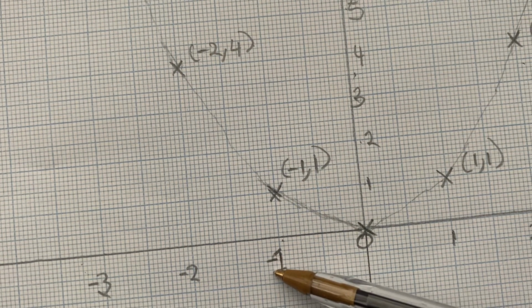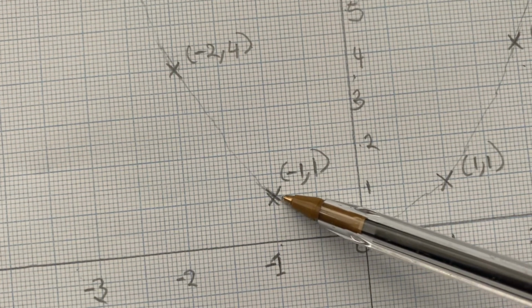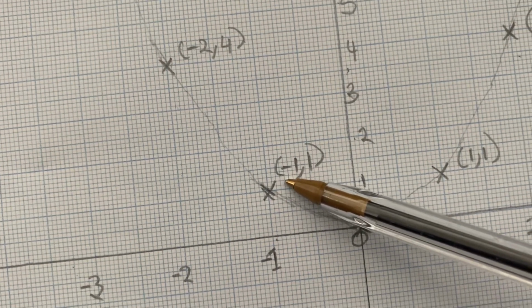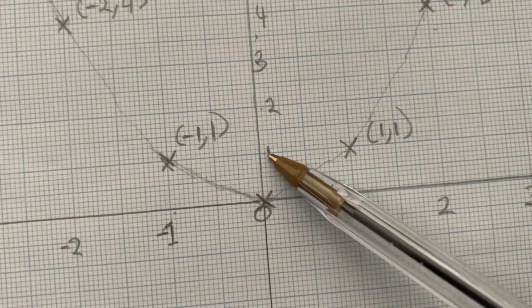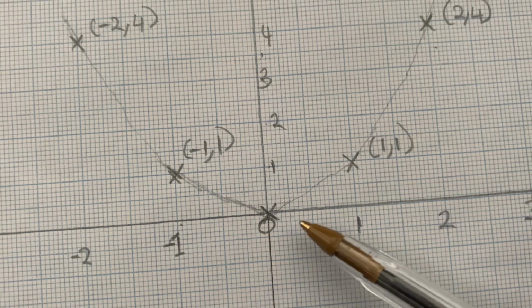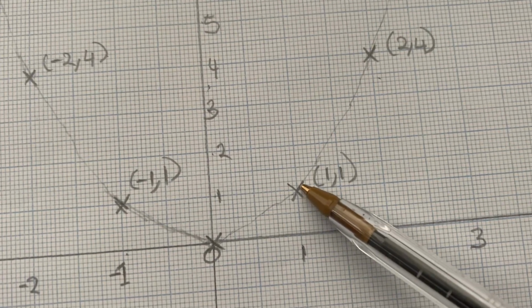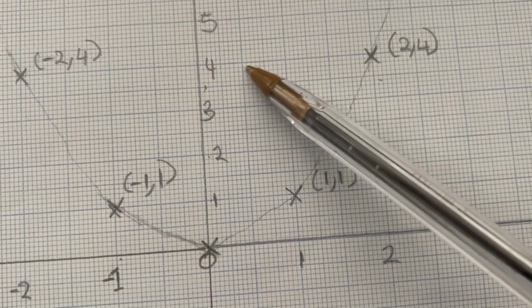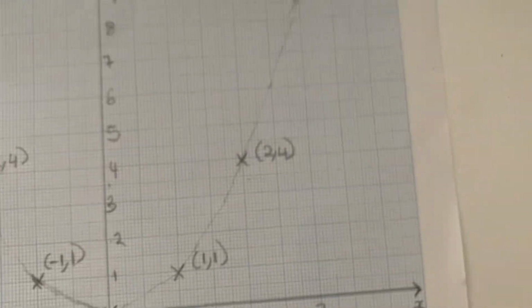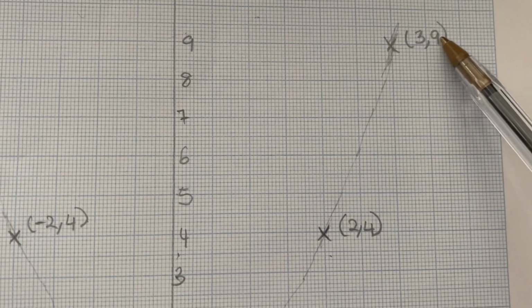When x is -1, y is 1. When x is 0, y is 0. When x is 1, y is 1. When x is 2, y is 4. And when x is 3, again, y is 9.